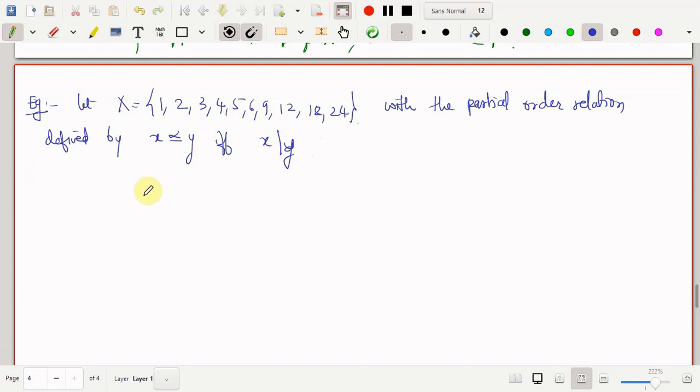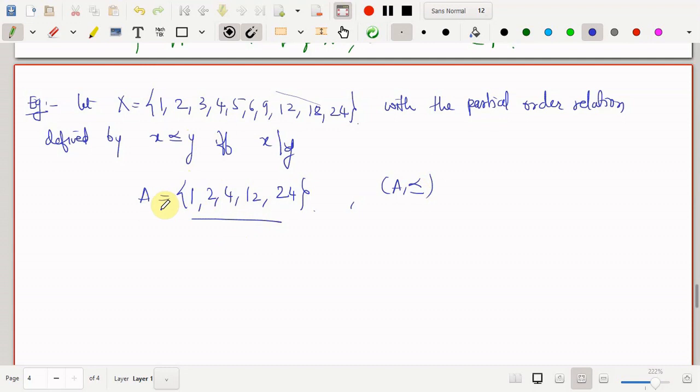Now if I consider the set A as a subset of X, say 1, 2, 4, 12, 24, first of all you need to check whether this is totally ordered with the same relation defined on X. So we are actually looking at the relation restricted on this set: is it totally ordered or not?